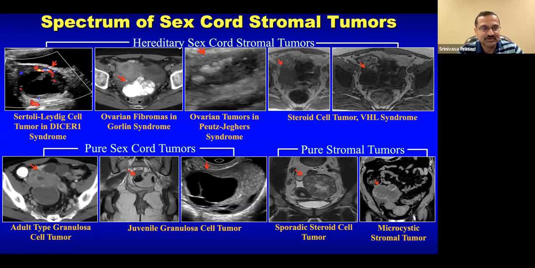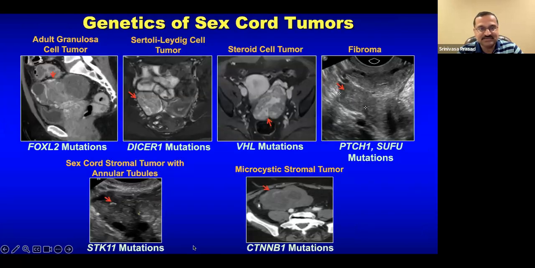And more importantly, what's happening in the world of non-epithelial tumors is that once they know what genetic abnormalities are driving the different tumors, notice that the mutations that are associated with the non-epithelial or the sex-cord stromal tumors are totally different from what is happening in the ovarian epithelial tumors, particularly the high-grade serous cancer, the most common subtype and the most lethal subtype of ovarian cancers.